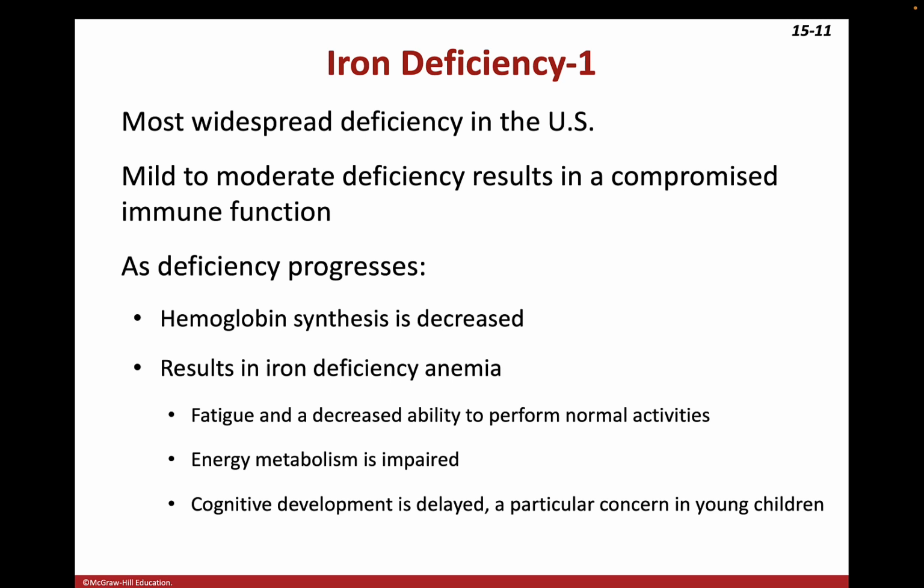As deficiency progresses, we're going to see a decrease in the synthesis of hemoglobin, and this actually results in iron deficiency anemia. General symptoms include fatigue and a decreased ability to perform normal activities. Metabolism is impaired, cognitive development is delayed, and this is an especially important concern in young children.